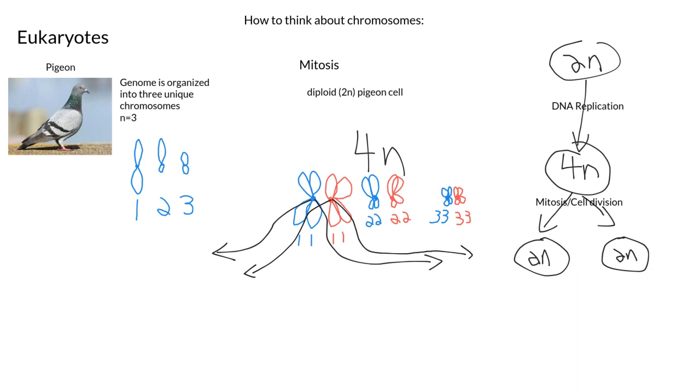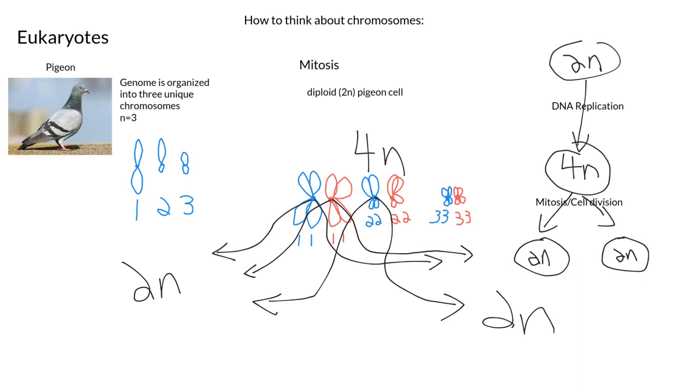Okay, so the red chromosome 1 must also split, the blue chromosome 2 must split, and we must get an equal segregation of these sister chromatids to end up with a 2N cell here and another 2N cell here that represent the parent cell to begin with.